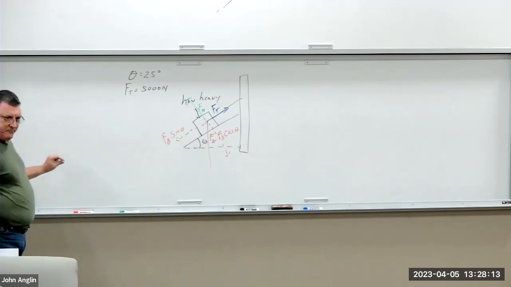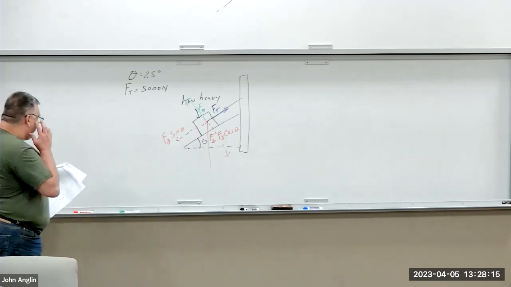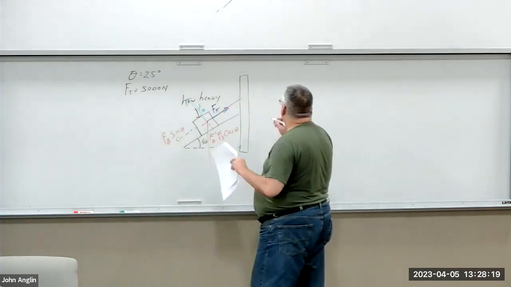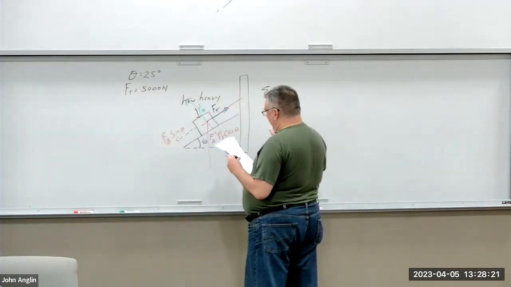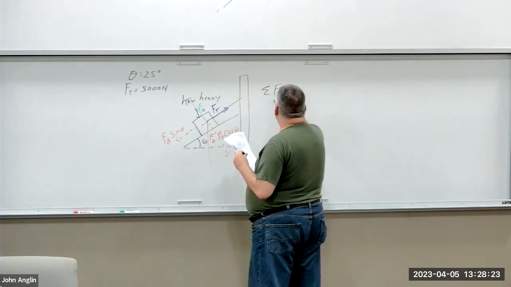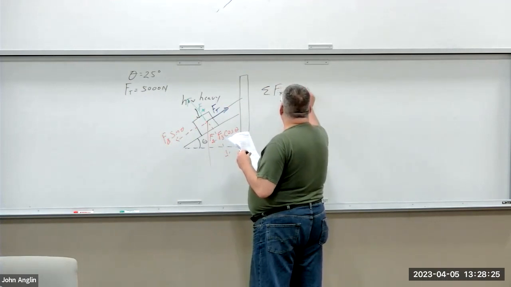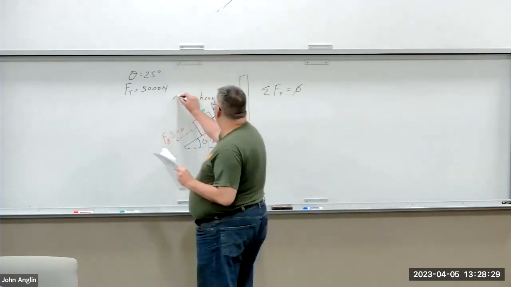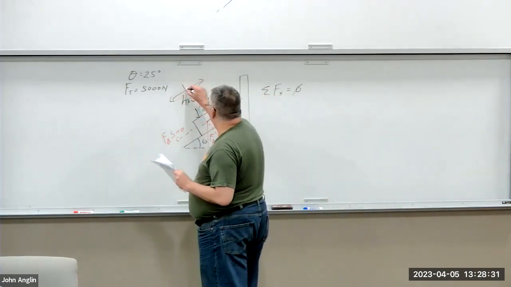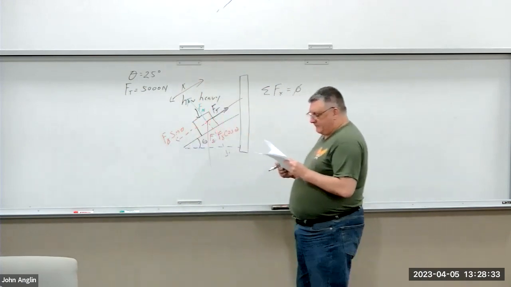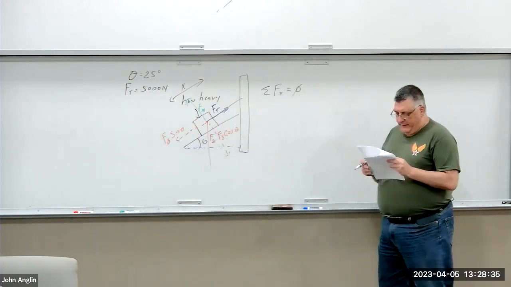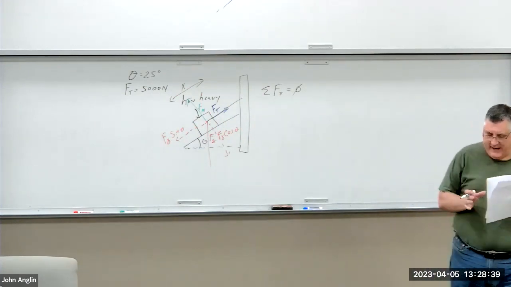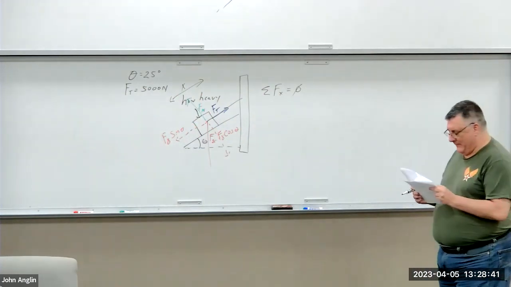We have to assume that this whole system is in equilibrium. So we're going to say that the sum of all the forces in the x direction is zero. We're going to pick that to be our x direction.